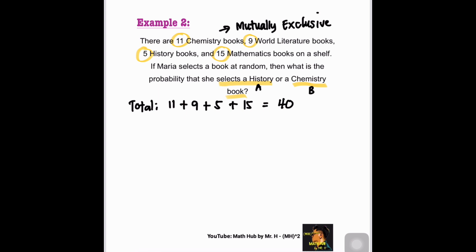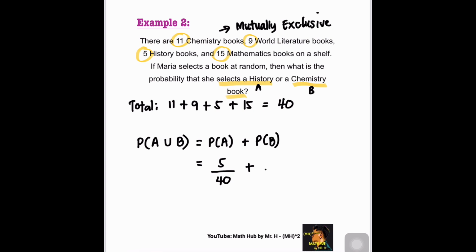Because of that, we will be using the formula probability of A union B is equal to probability of A plus probability of B. The straightforward addition. Right? And then probability of A. So what is the probability of selecting a history book? There are 40 books, and the number of history books is 5.